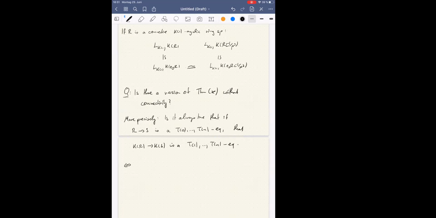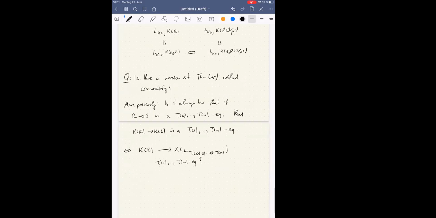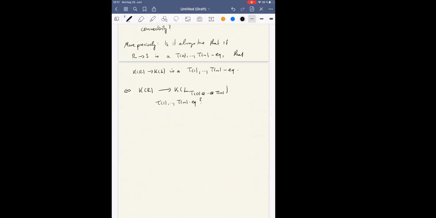Equivalently, there's a universal case if we leave out connectivity. Namely, we can just map R into the localization. We can ask, is this a T1 to Tn equivalence? Let me look at a special case first.